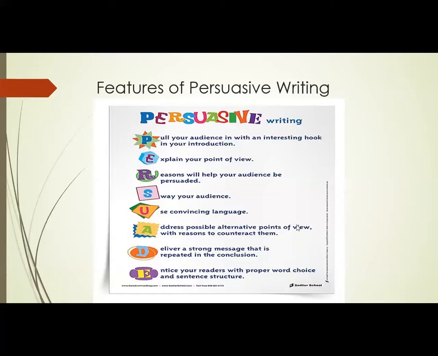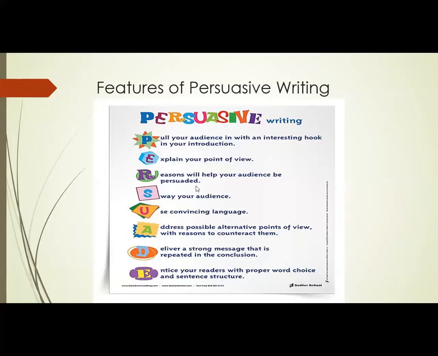Then explain your point of view. That means, yes, when you are convincing, you have to explain your point of view, your ideas, your thoughts. Then we have reasons will help your audience be persuaded.